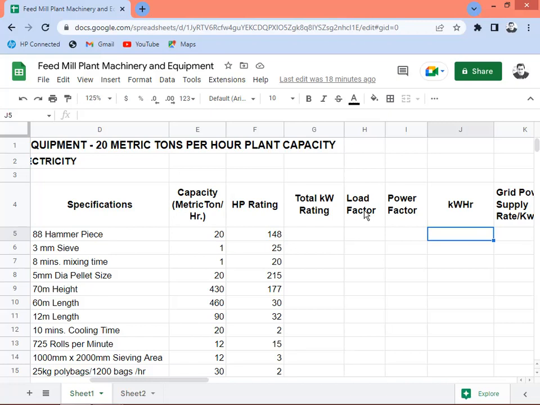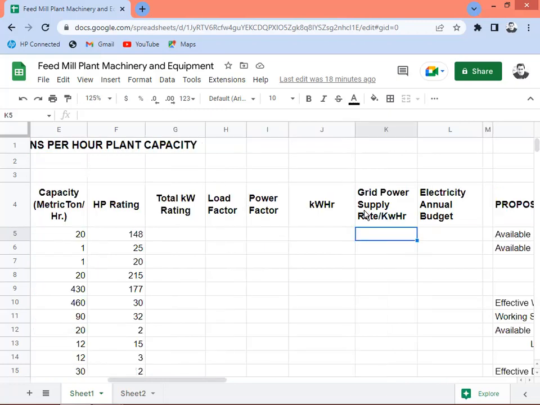So it is period based. Then we have the grid power supply rate per kilowatt hour: how much the grid is charging us for every kilowatt hour of energy that we consume from the grid. That rate I'm going to give you later.